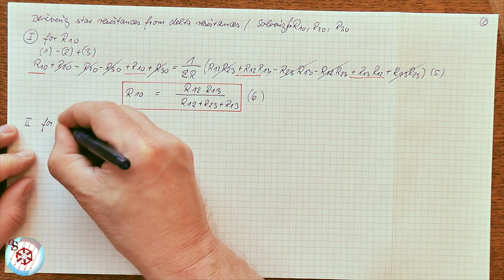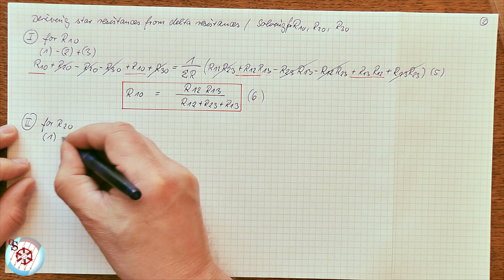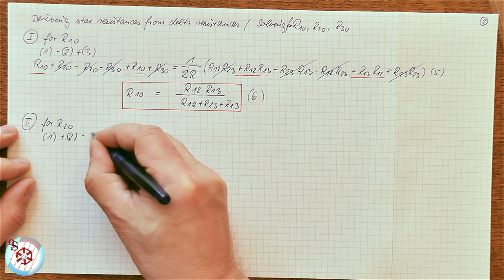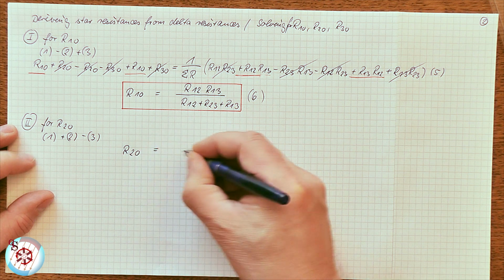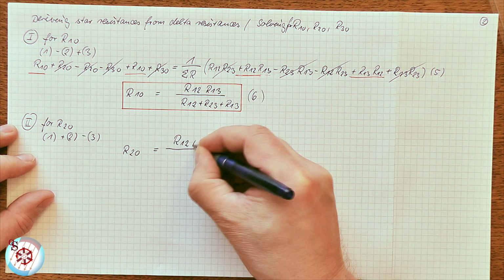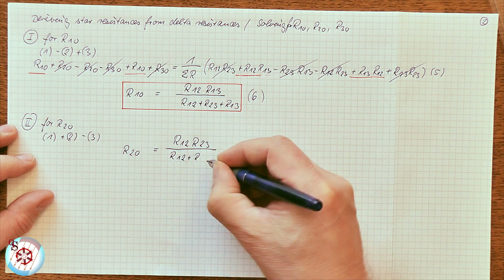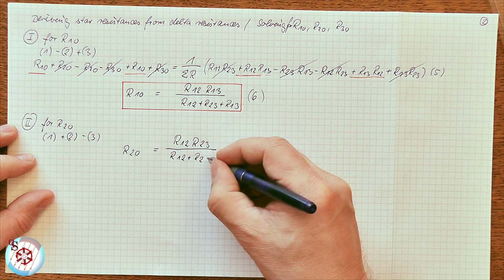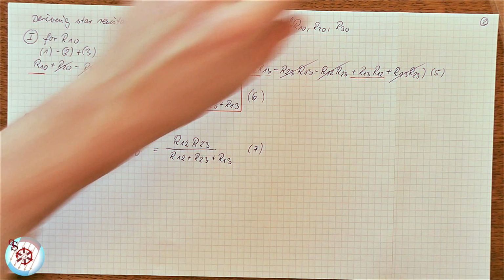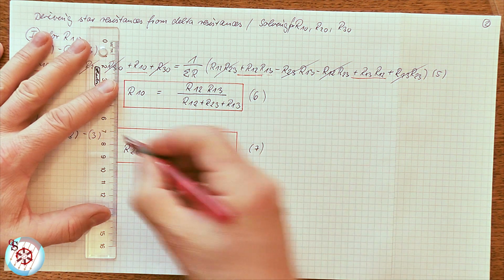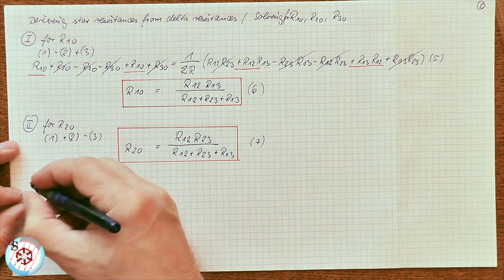For R20, you simply calculate equation 1 plus 2 minus 3, and what you come out with is R20 equals R12 R23 divided by the sum of those 3 delta resistances, and that's equation 7, the second transformation equation. And the last is R30.